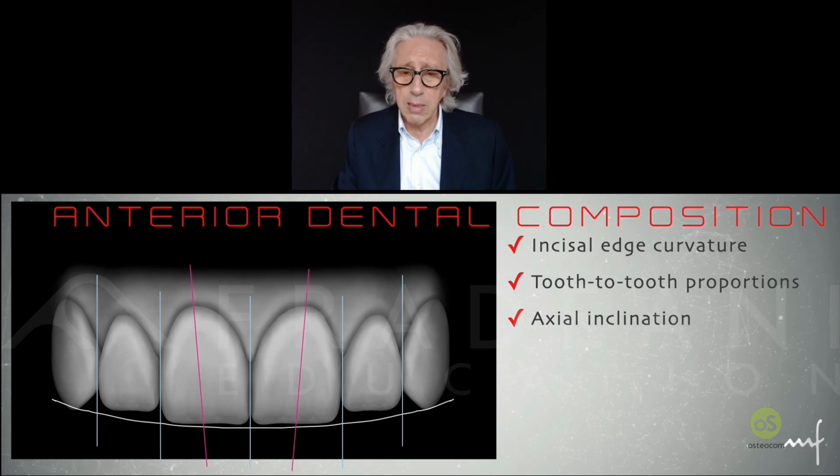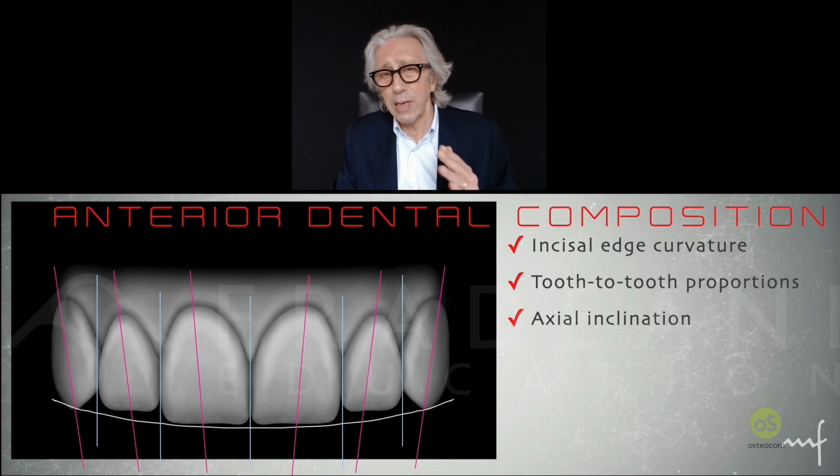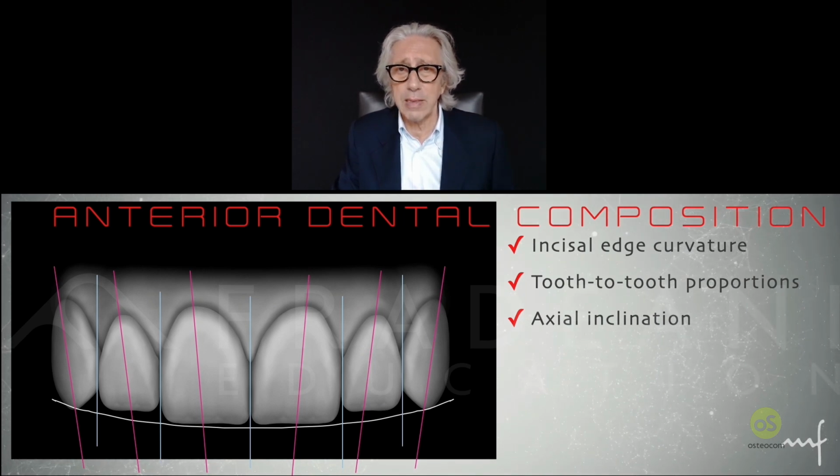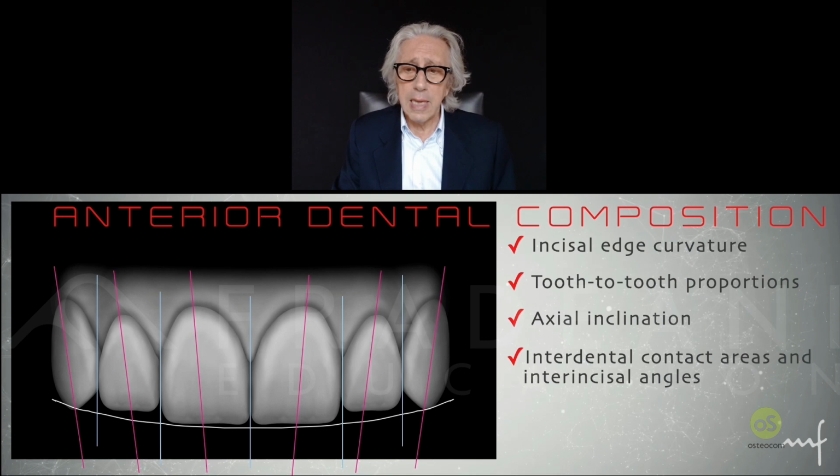You can see these drawings here showing these long axes that are inclined more and more from central to cuspid. And then the interdental contact areas, which extend more incisally in the two central incisors than lateral and than cuspid.